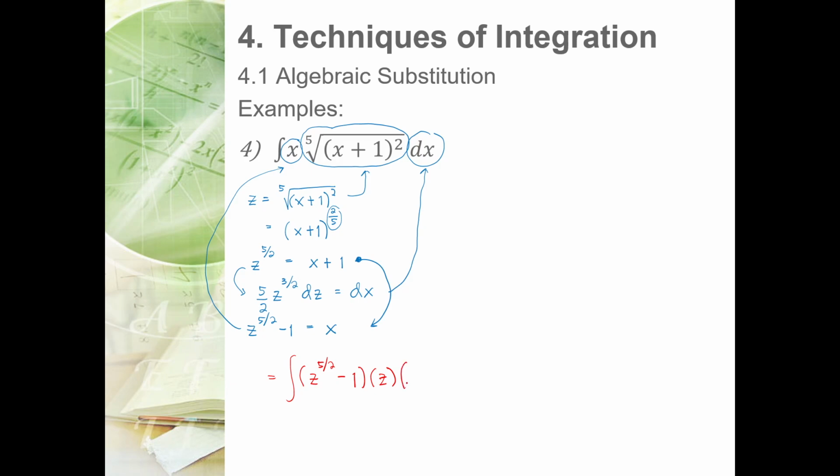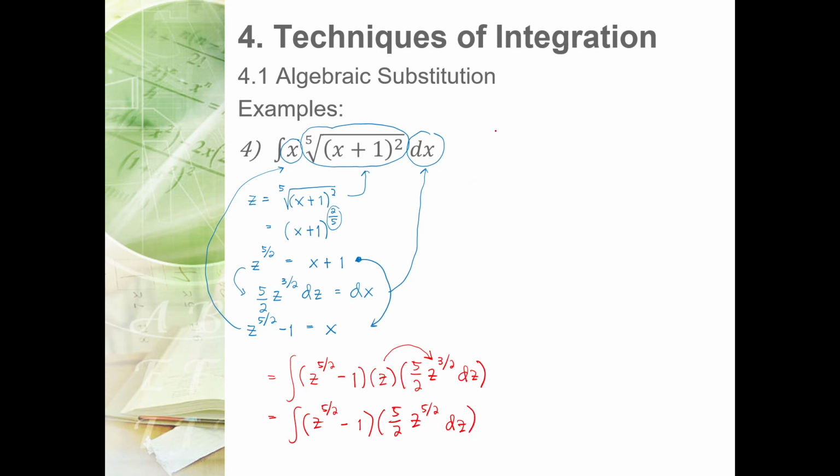That will be 5 halves z to the 3 halves dz. Okay, so if we try to multiply z with this term here, 1 plus 3 halves, that will be 5 halves. So this becomes z to the power of 5 halves. So let's take it step by step, times 5 halves z to the power of 5 halves dz.